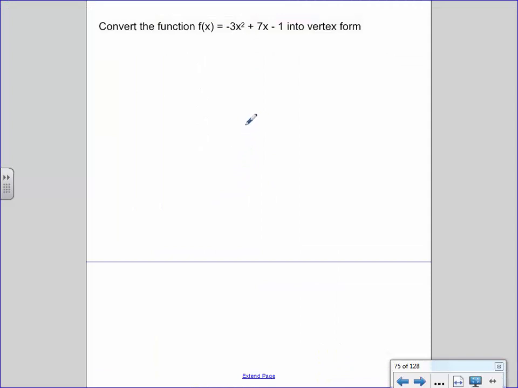First question, what's your leading coefficient going to be? -3? Okay, so factor out a -3. Well, when you factor the -3 out of the first term, it gives you x squared. But when you factor it out of the 7, this is where you're not going to like this, it's going to give you -7/3. Think that through for a second here.